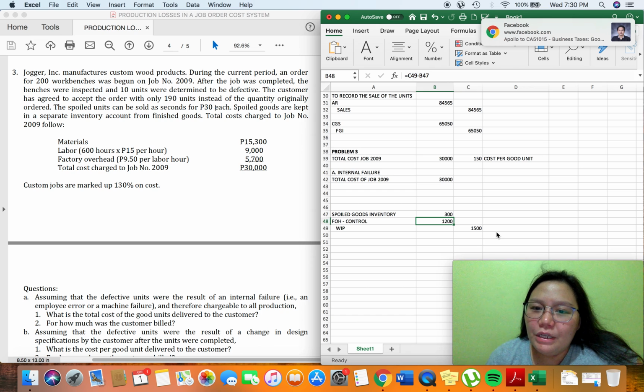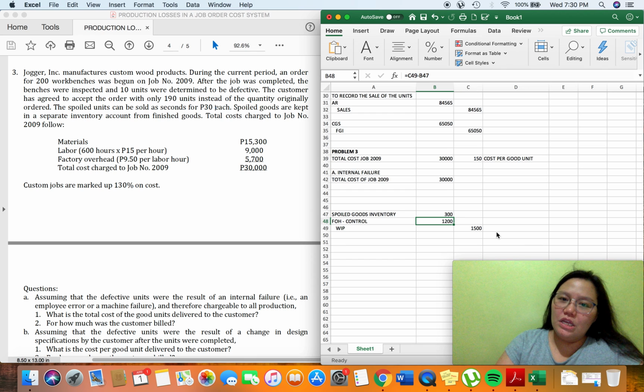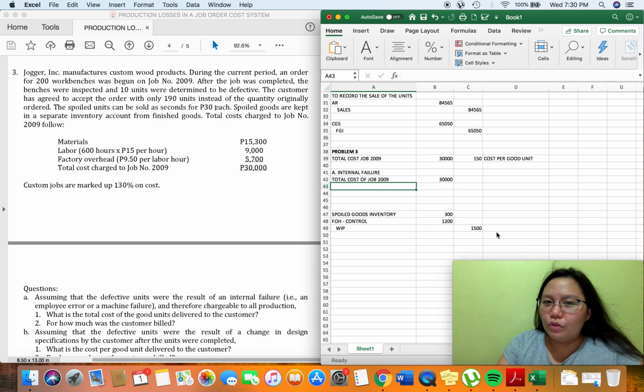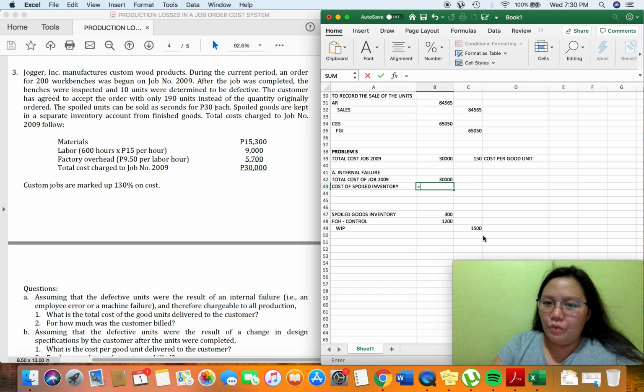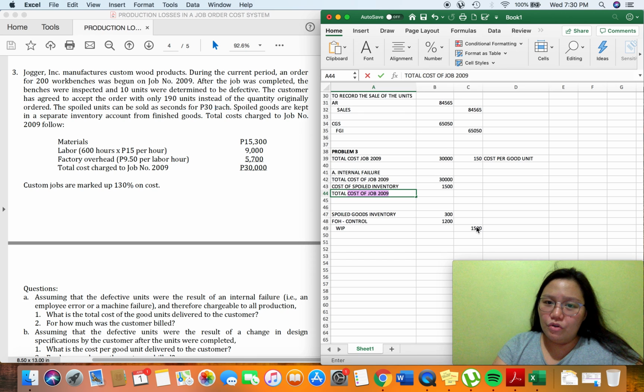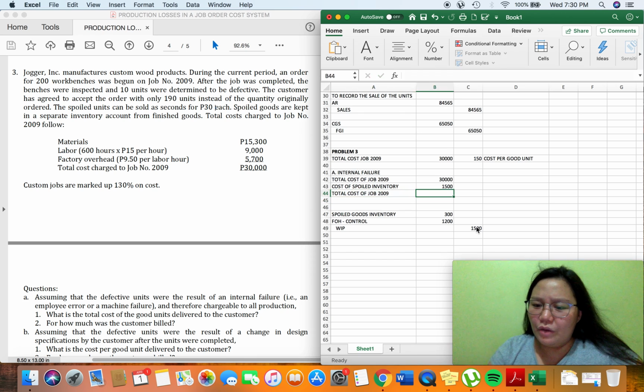Okay? So by doing this, what will happen to the work in process inventory account of job 2009, diba? So ang mangyayari dito, we have to deduct the cost of spoiled inventory. Diba? So we have a total of 1,500. So the new total cost of job 2009 is now equal to 28,500. Okay?